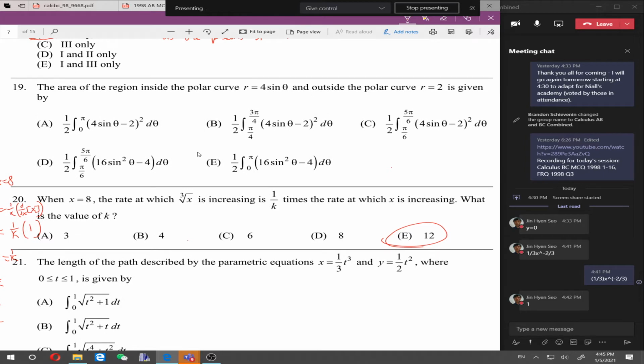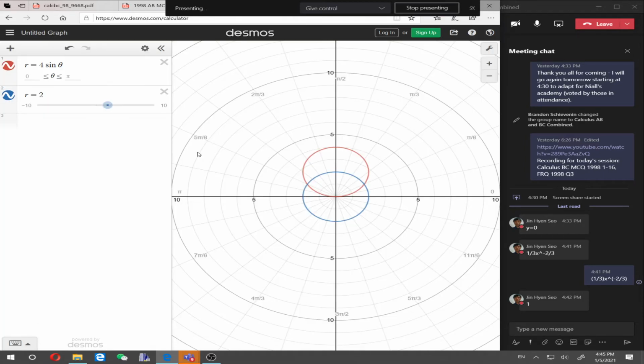We want to be inside 4 sine theta and outside r equals 2.